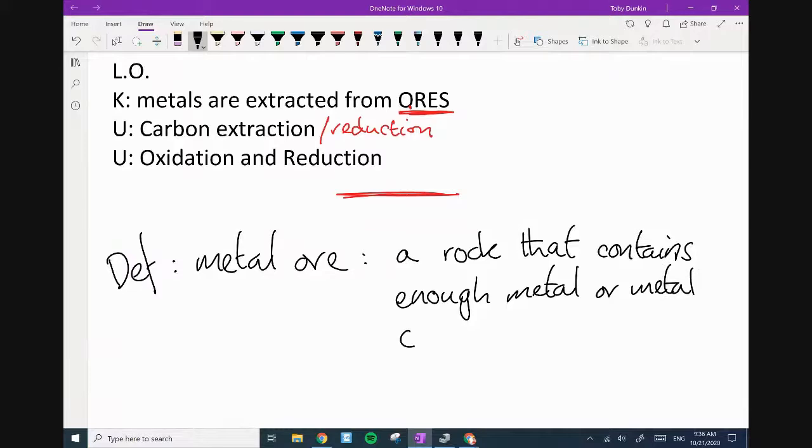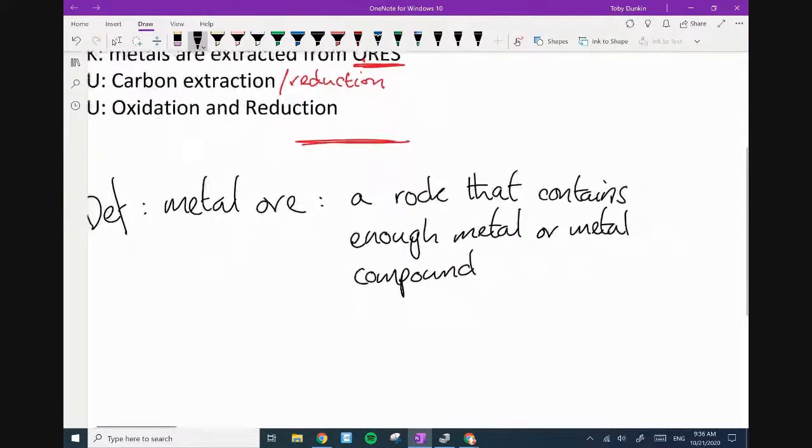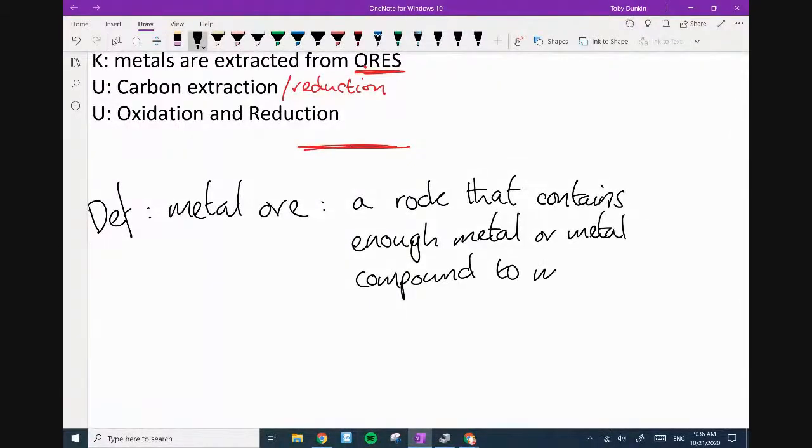Now that's important. I'll talk to you about that in a second. Metal or metal compound to make it worthwhile extracting.